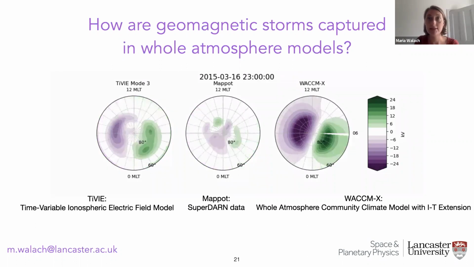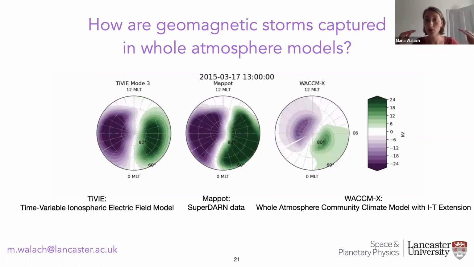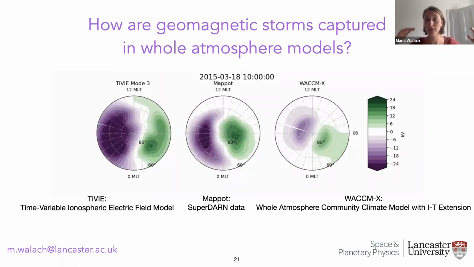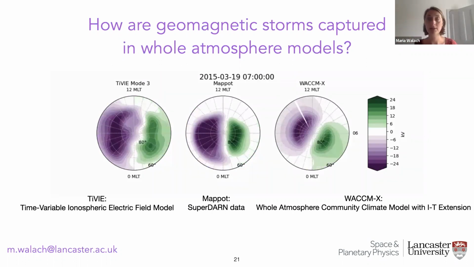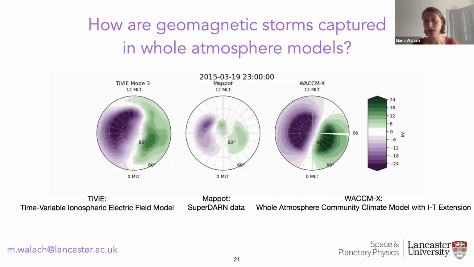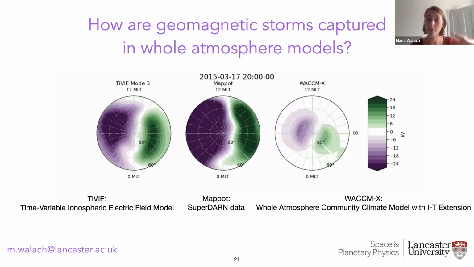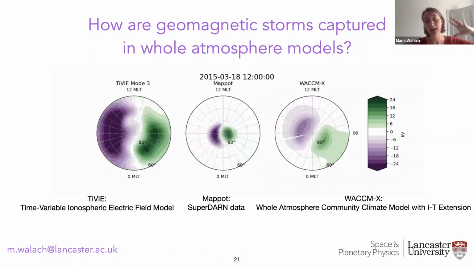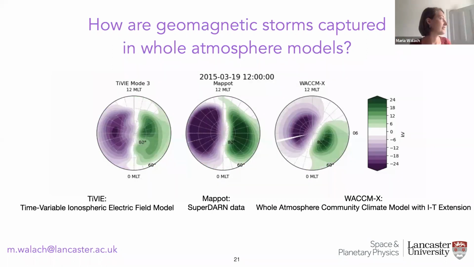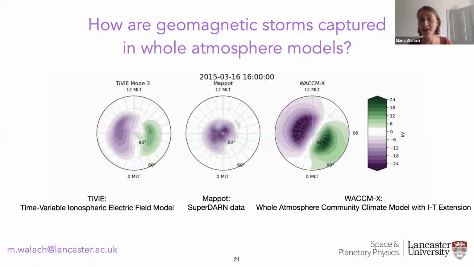WACCM-X is a model that has been built to model the entire atmosphere from the ground up. It starts with very simple things like ocean currents and air movements. And I say simple, but it's obviously far beyond what I know.